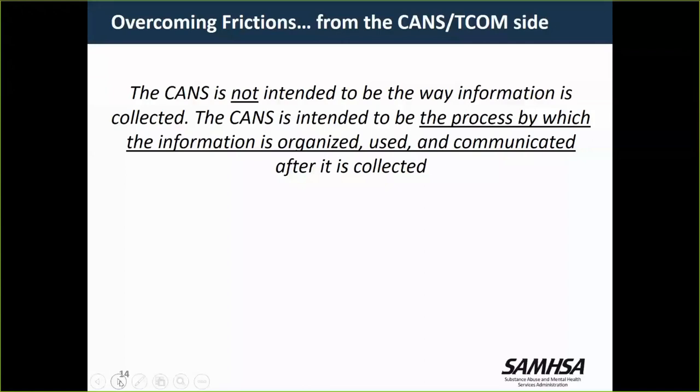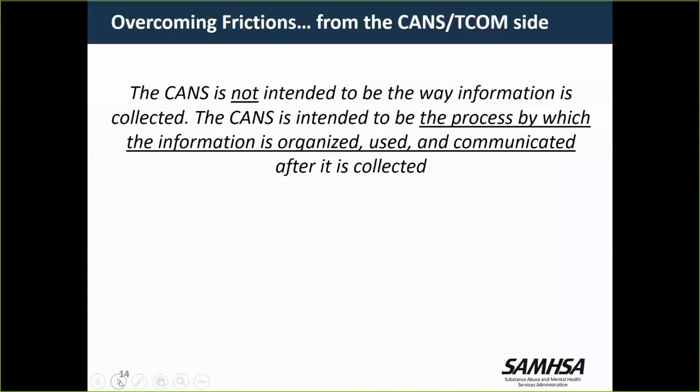So I would say, don't make it about the CANS. The CANS is just a way of organizing information. It's about Wraparound. It's about doing due diligence and doing a good job of understanding the story, and the CANS should reveal itself if you do a good job.